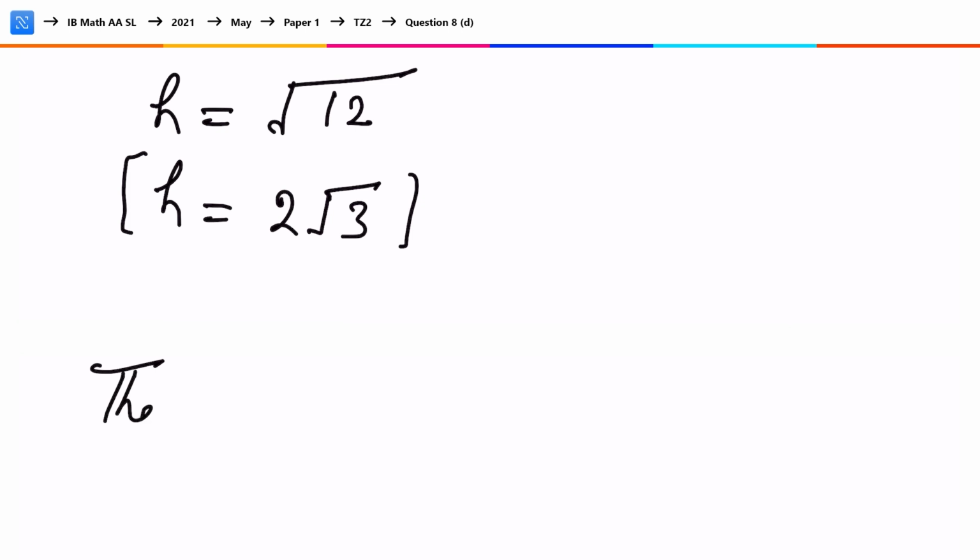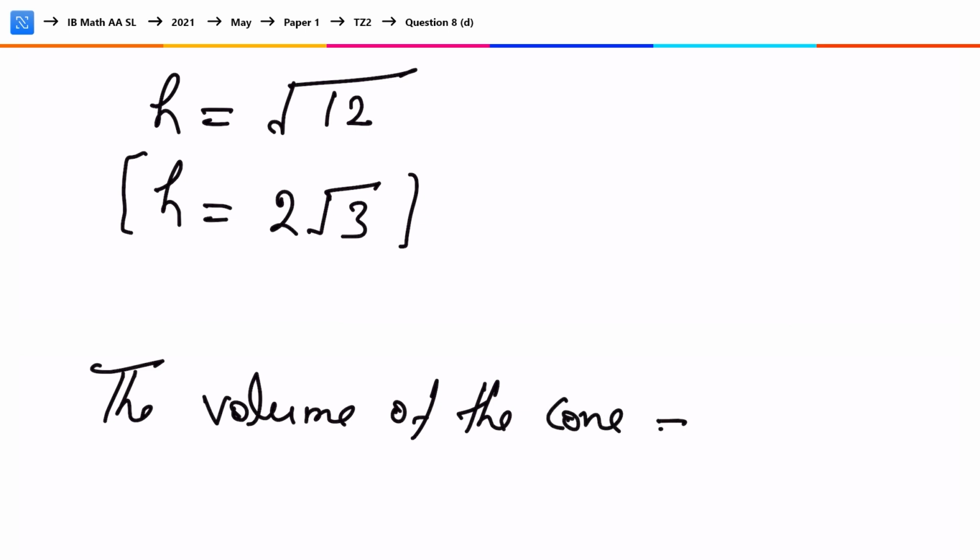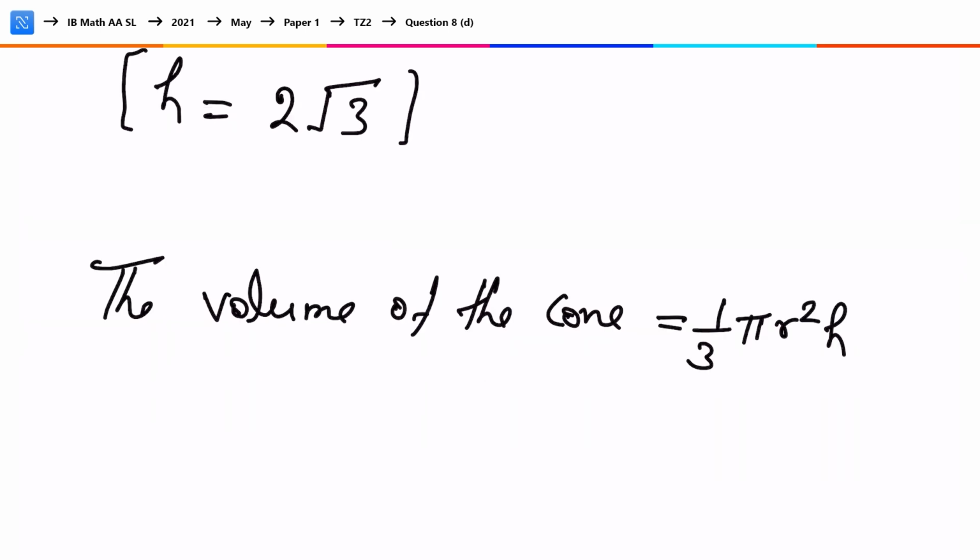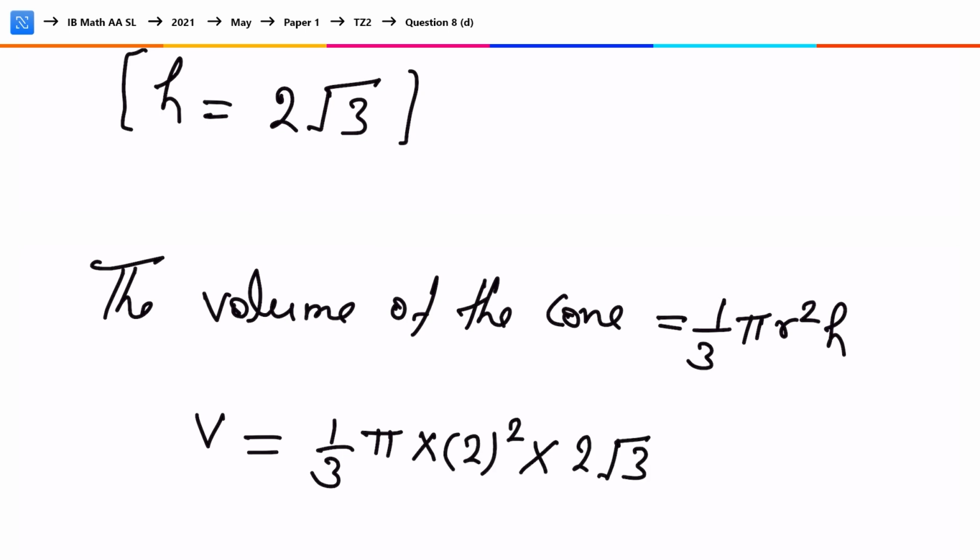Now the volume of the cone is given by the formula volume equals 1/3 times pi times r squared times h. Substituting the values, we have the volume V equals 1/3 times pi multiplied by 2 squared multiplied by 2 times the square root of 3.